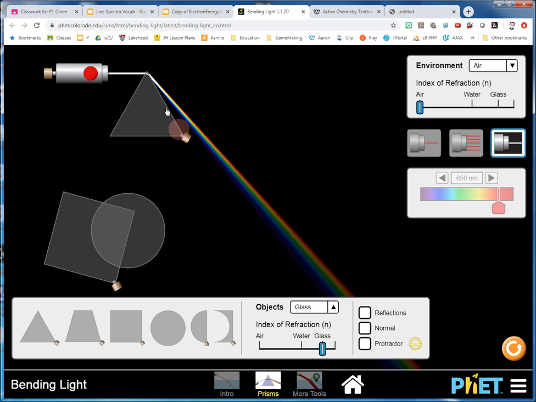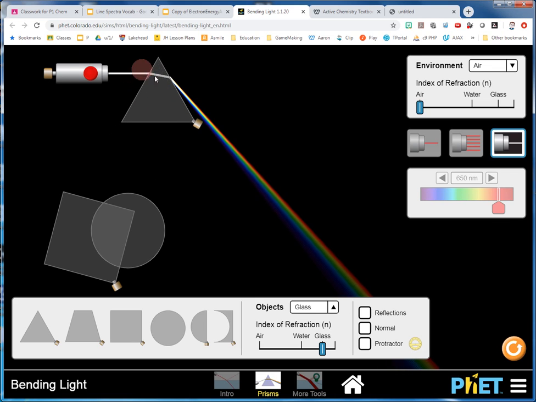You can see the light is spreading out. I'm sure you remember from previous classes that white light is a mixture of all the colors. And so what's happening here is that red, orange, yellow, green, blue, and violet is getting separated. It's getting bent, and the reason it's getting separated is because the colors are not all bent equally.